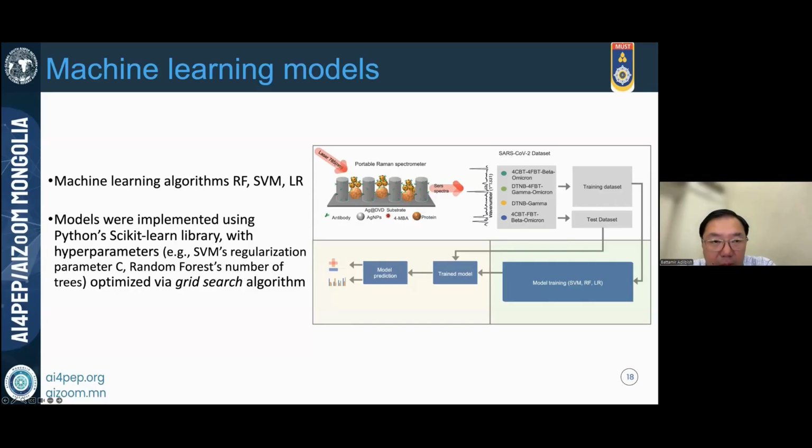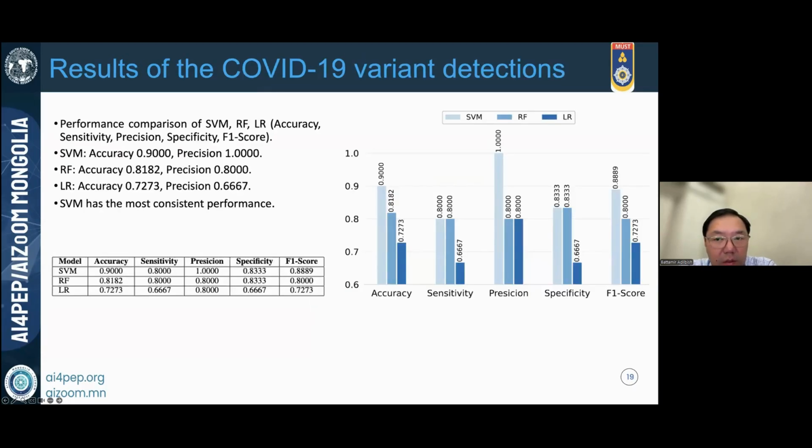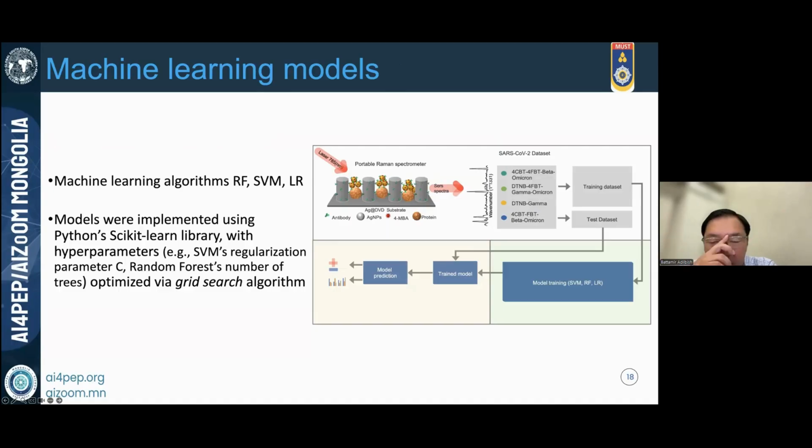The method is very similar to the first stage, and the models were implemented using Python's Scikit-learn library. Hyperparameters were also optimized via the grid search algorithm.